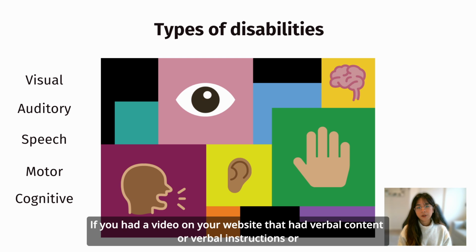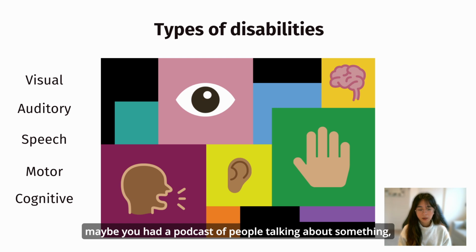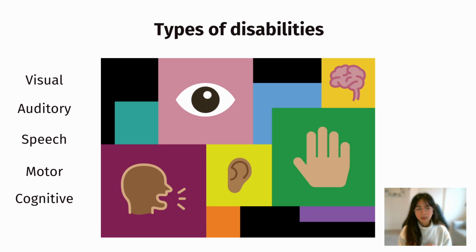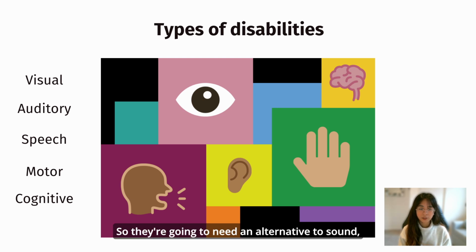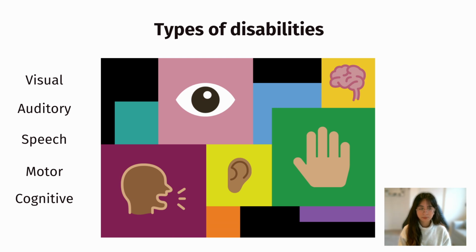So if you had a video on your website that had verbal content or verbal instructions, or maybe you had a podcast of people talking about something, then this will probably not be accessible to many deaf users. So they're going to need an alternative to sound, like a text transcript or captions.